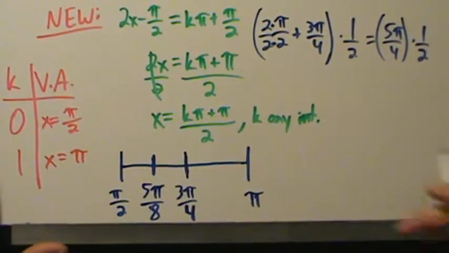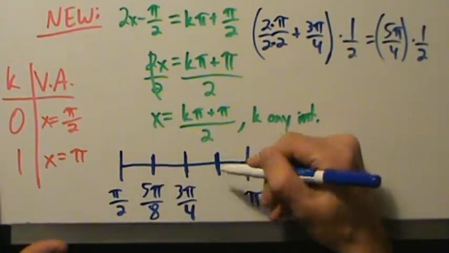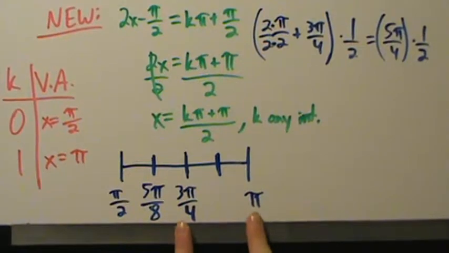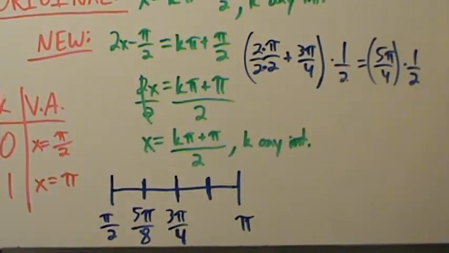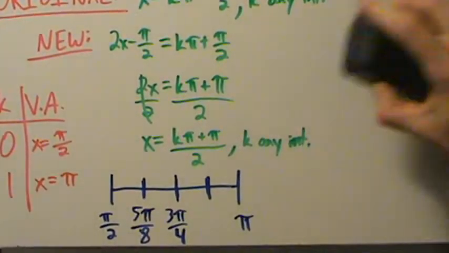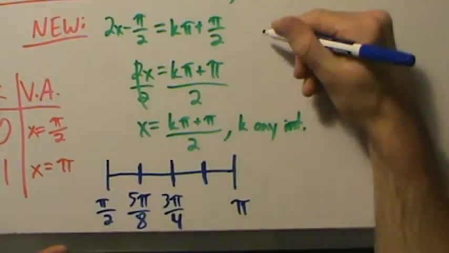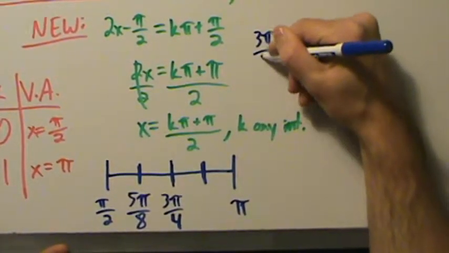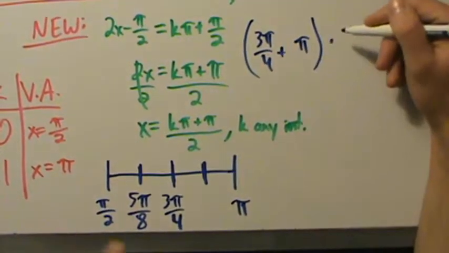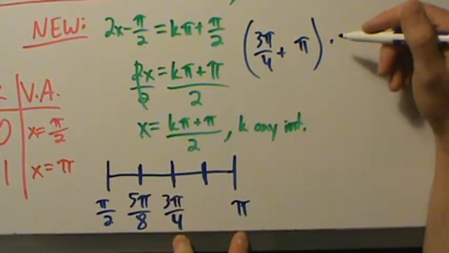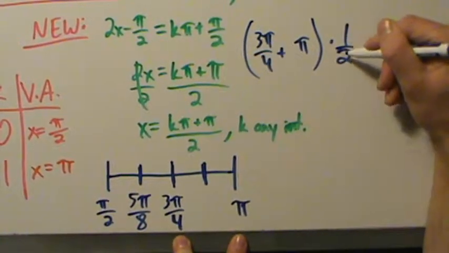Then we do it one more time with this one right here. Same exact process. Add these two up and divide by 2 to figure out what this is right here. Now 3 pi over 4 plus pi, and we're going to divide that by 2, but dividing by 2 is like multiplying by a half.